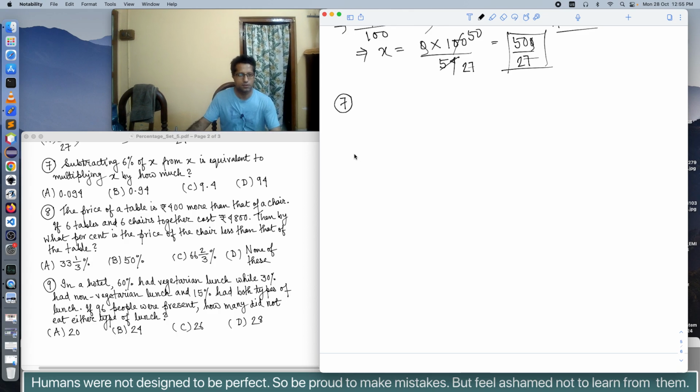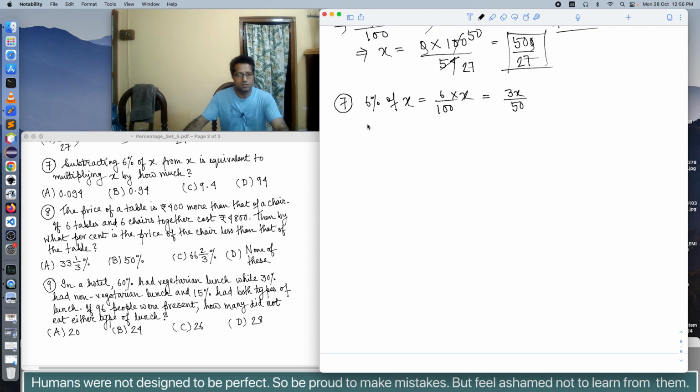So let's see first what is the result of subtracting 6% of x from x. First of all, 6% of x is equal to 6 by 100 multiplied by x, which is equal to 3x by 50.